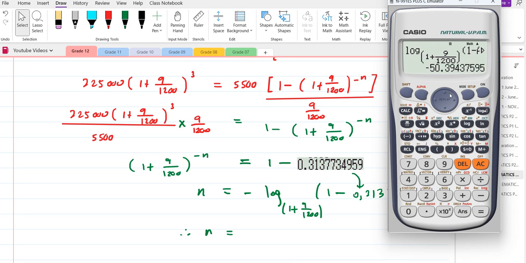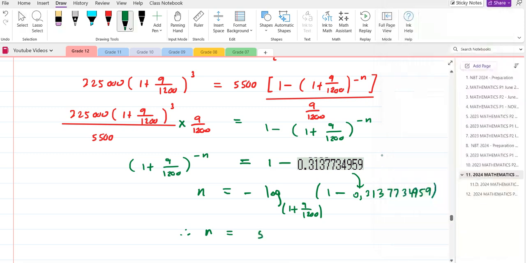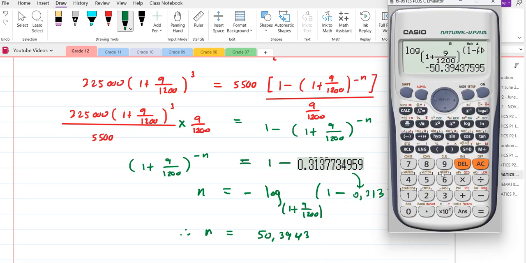And I'm getting an answer of negative, and negative cancelled out. I forgot to put a negative there. So 50.3943, 50.39437595.